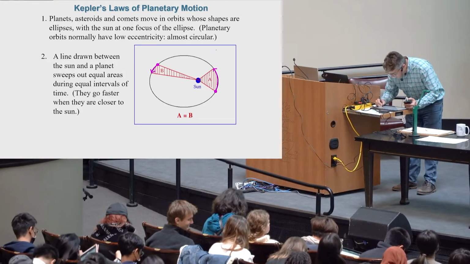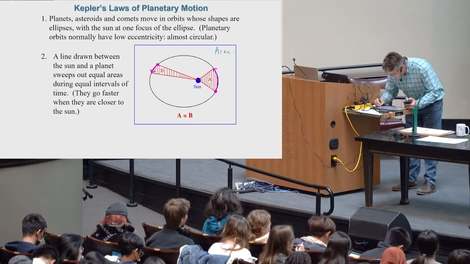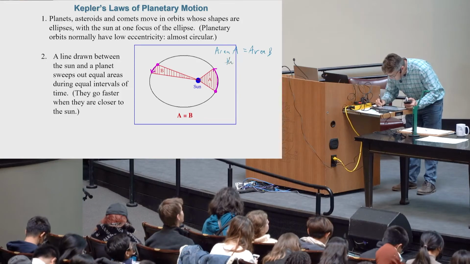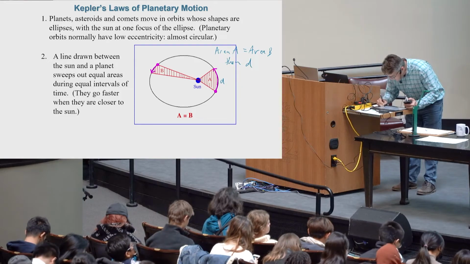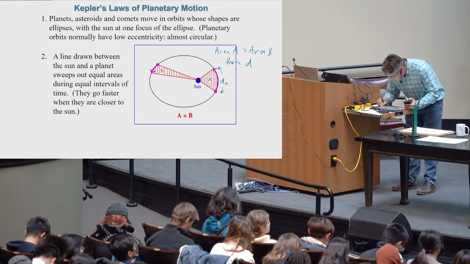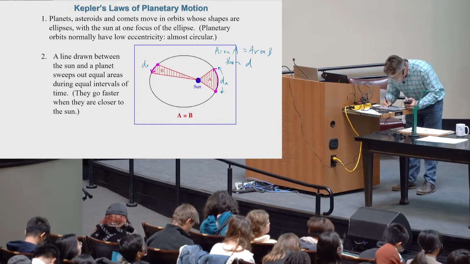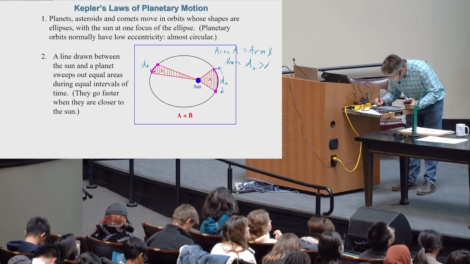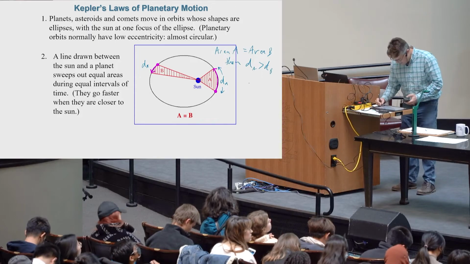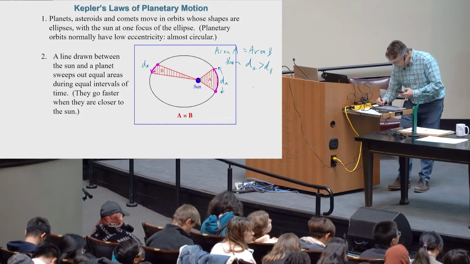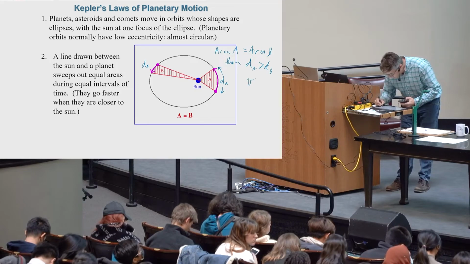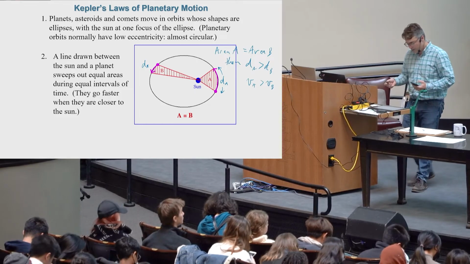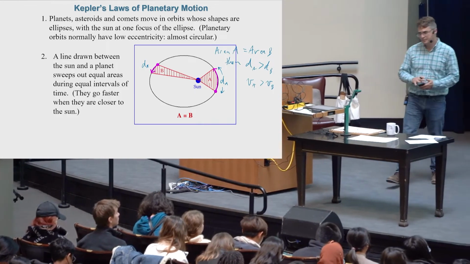So if area of A equals area of B, then dA, this distance, is going to be greater than dB. And what that means is that the velocity at A is going to be greater than the velocity at B. So they go faster when they're closer to the sun.